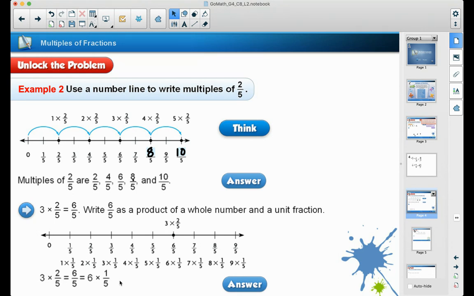Okay, you might find this a little bit confusing, but you just have to remember when you write multiples of a fraction, you're just counting by whatever the numerator is. So 2, 4, 6, 8, 10, and the denominator stays the same.